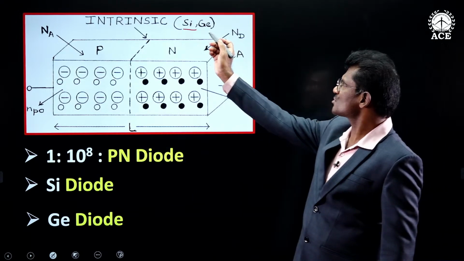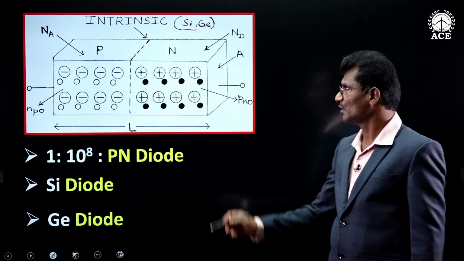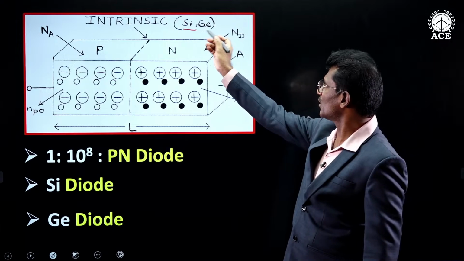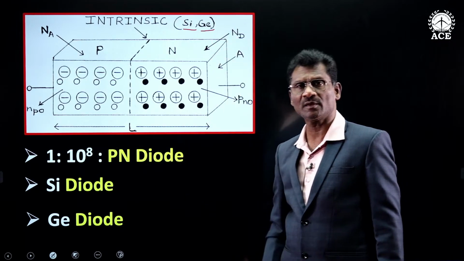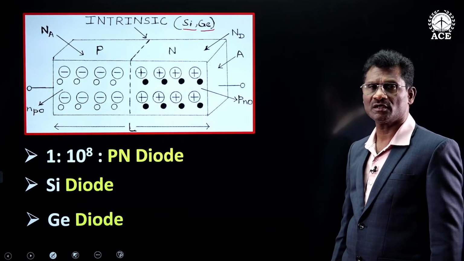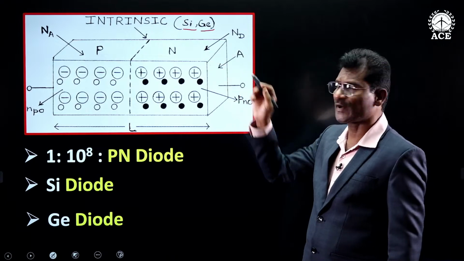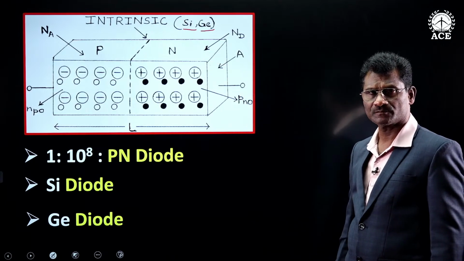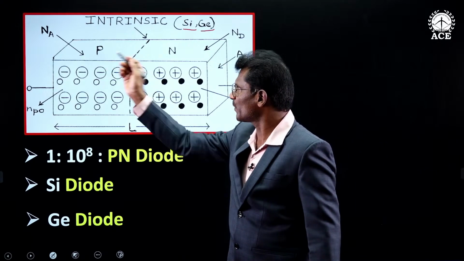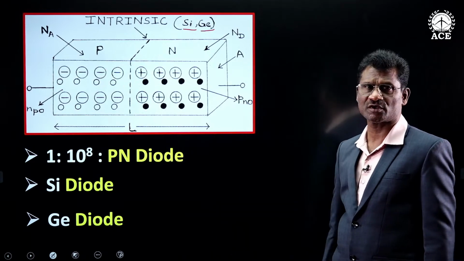Now, if the base material is silicon, it is called a silicon diode. If the base material is germanium, it is called a germanium diode. There are 2 types of diodes, silicon and germanium, irrespective of which type of pentavalent atom or trivalent atom is added to the N and P sides respectively.